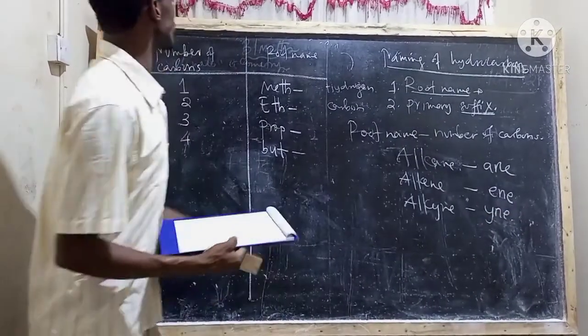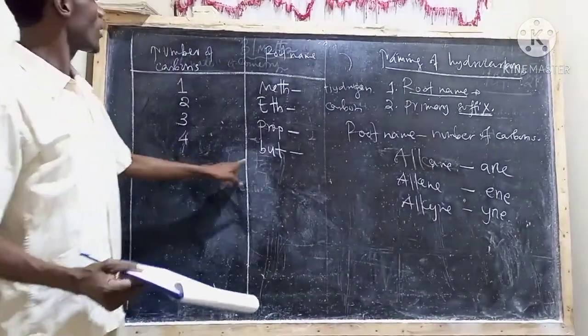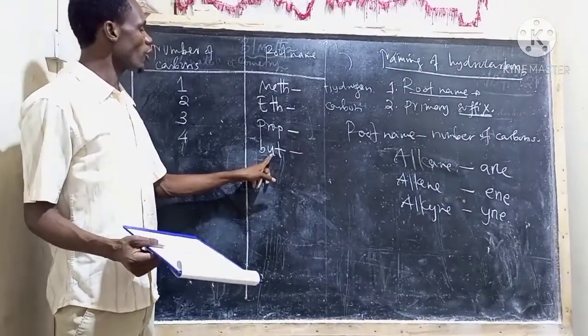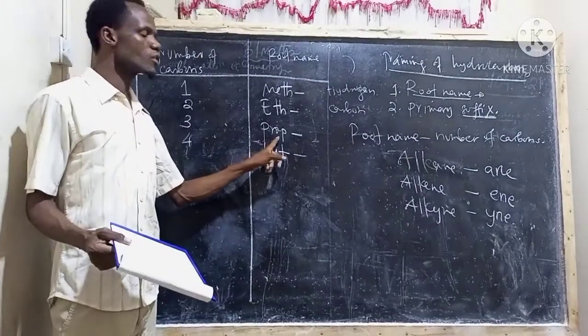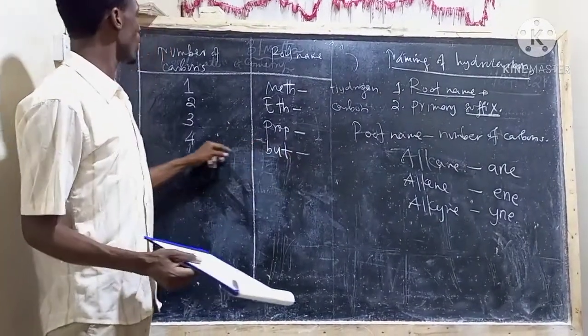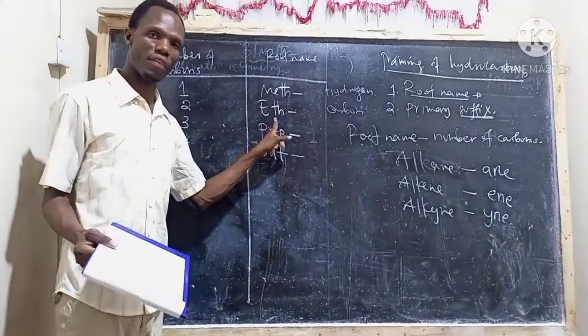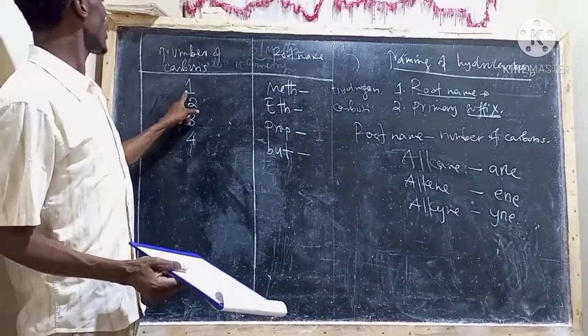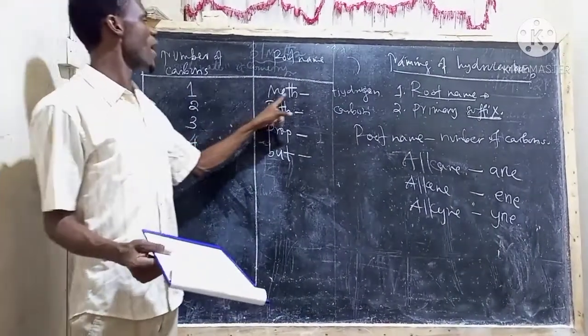Talking about hydrocarbons with four carbons, the root name is called but. With three carbons, the root name is called prop. With two carbons, it is called eth. But with one, we call it meth.